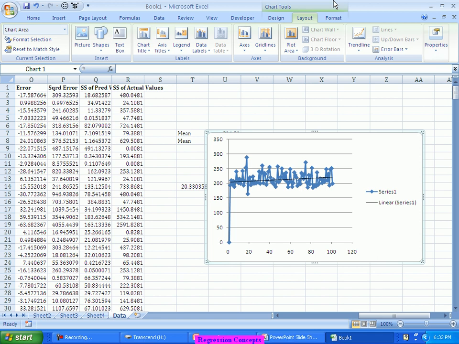Even the best possible line is showing so much fluctuation. In a case where the regression is very good and the predictions are very good, what we see is that the errors will be very, very minimal. In that case, we'll say that I can predict this using this.